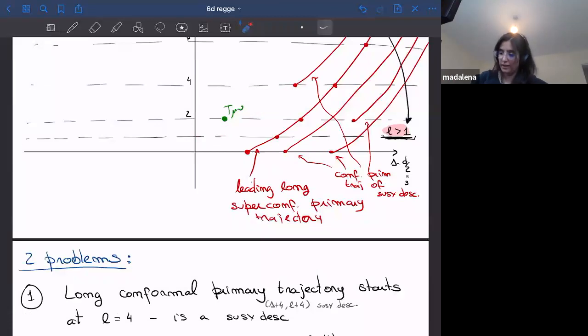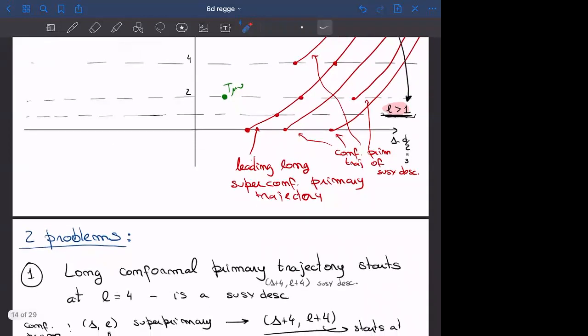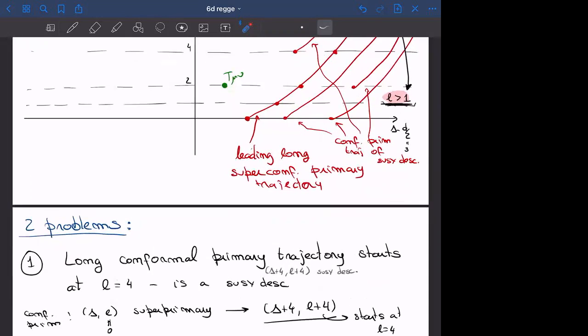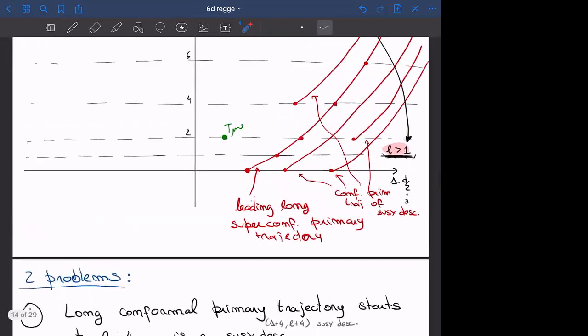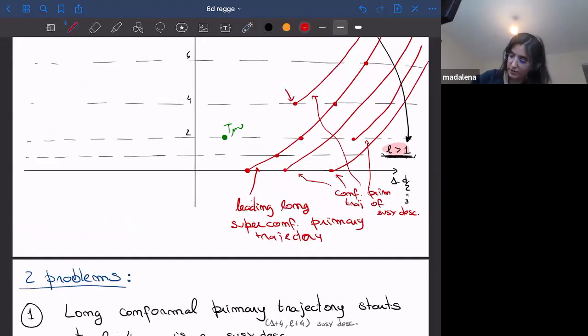And in between, as you were saying, these are the light transforms of local operators, and in between, they would be light ray operators, yes. I'm just trying to understand the statement that the long conformal primary trajectory starts at L equals 4. You mean that these are the known local operators on this plot, that they start there? Yes. So this is a conformal primary local operator, yes.